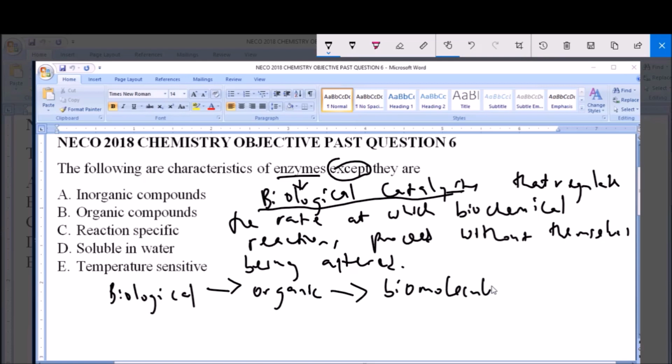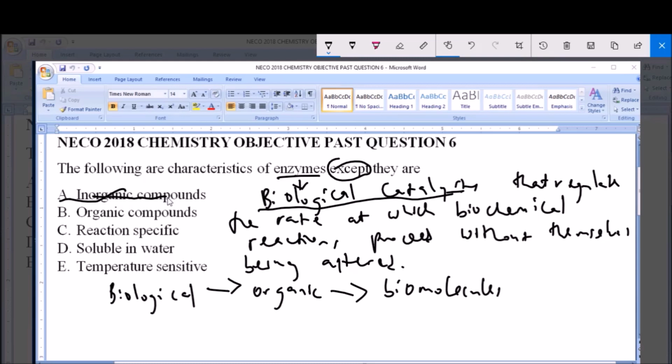So they are organic biomolecules, and hence they are not inorganic in nature. So option A, which is inorganic compounds, is not a characteristic of enzymes, as enzymes are all organic in nature.